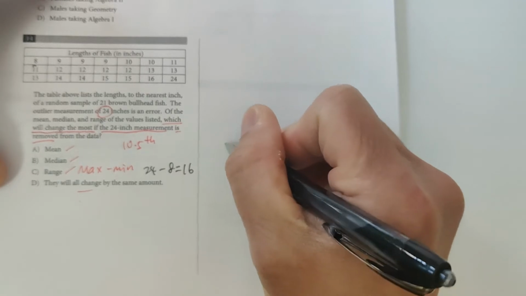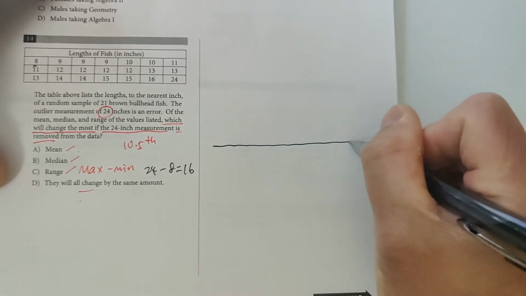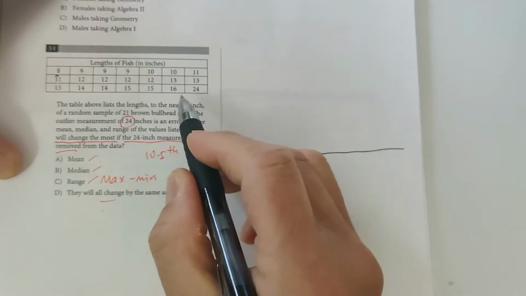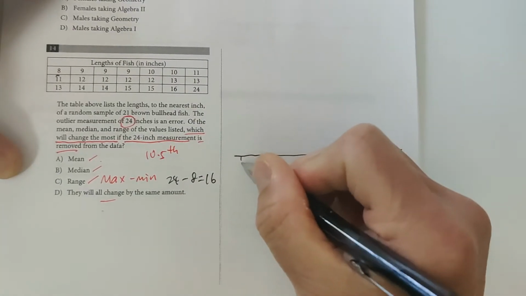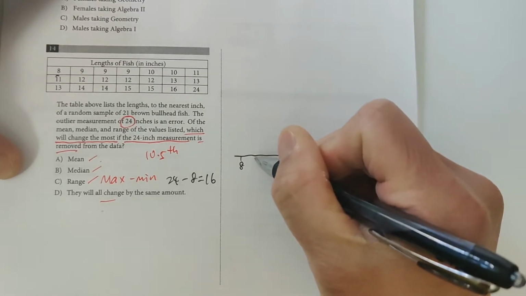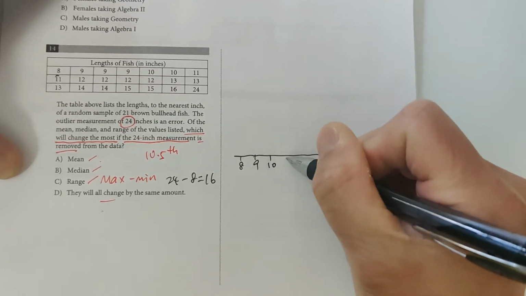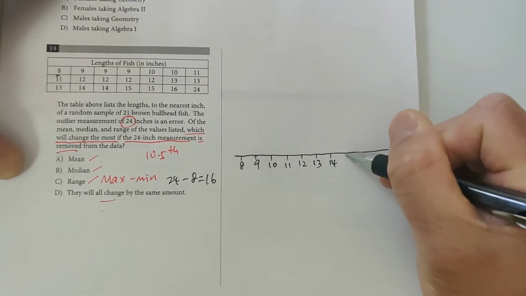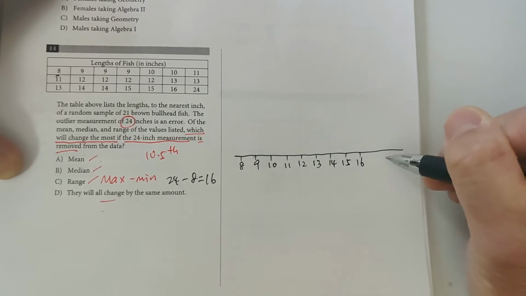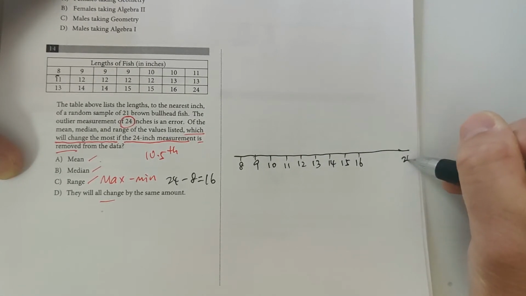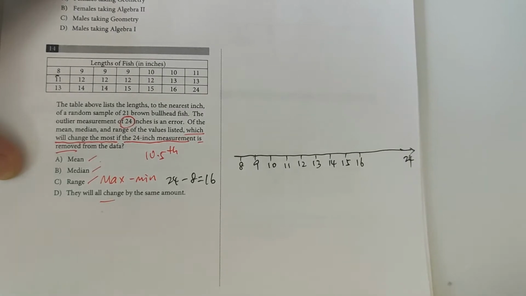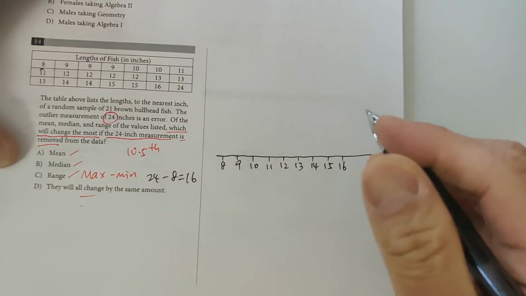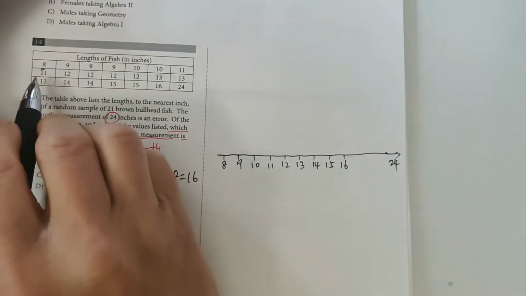I'm going to put a number line plot here, and I'm going to label the numbers that we have from 8 to 16 and to 24. So we have 8, 9, 10, 11, 12, 13, 14, 15, 16, and all the way to 24. I'm going to put them one by one according to the number of data.